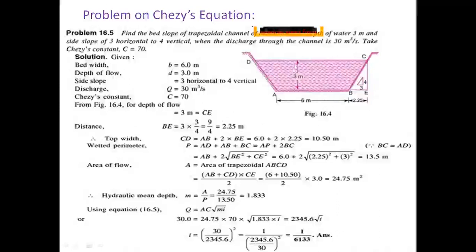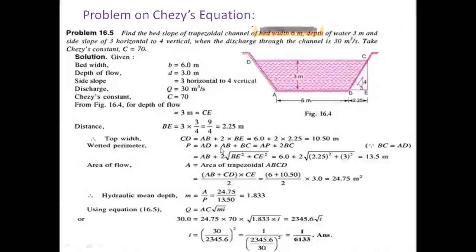So the total top width of the channel CD is 10.50 meters. Here BC equals AD, the left and right side widths of the channel are the same.